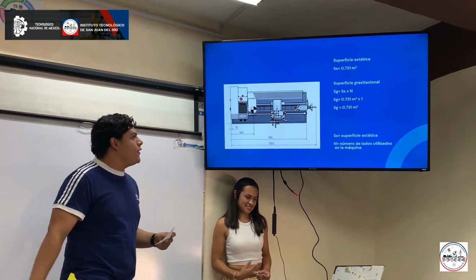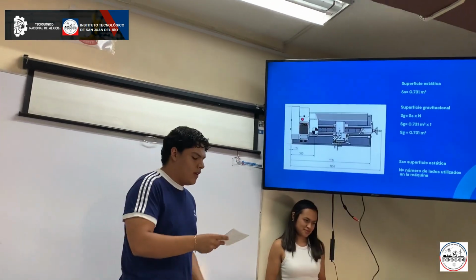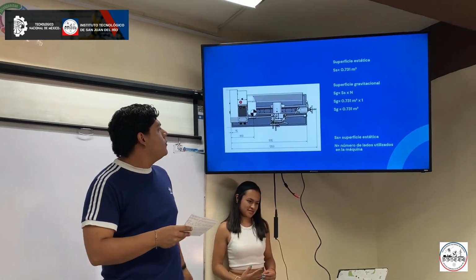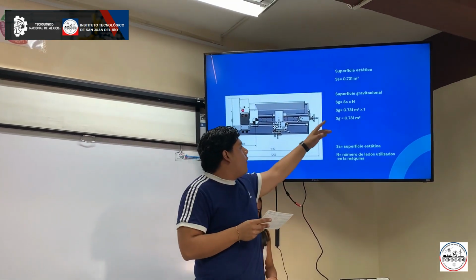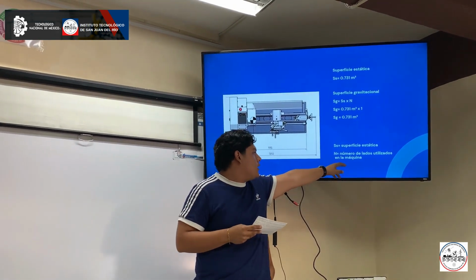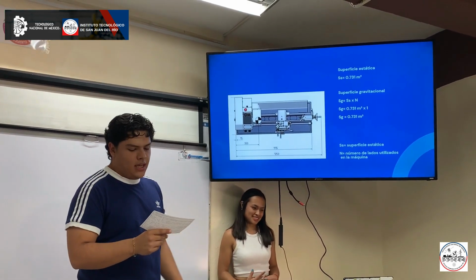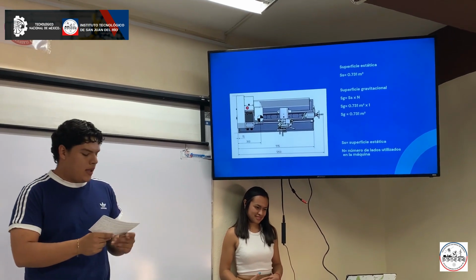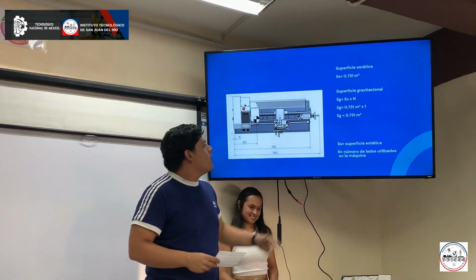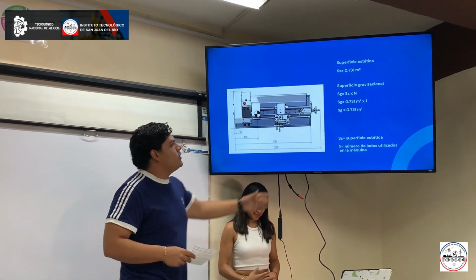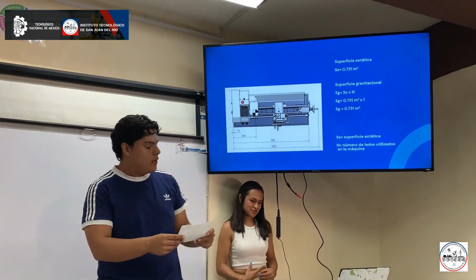The gravitational surface is equal to the static surface times N, where N is the number of sides used by the machine. It is one. The gravitational surface is 0.731 square meters.